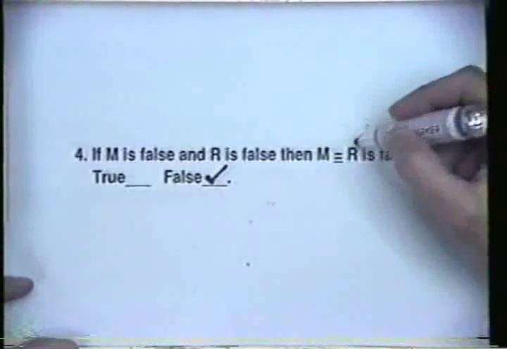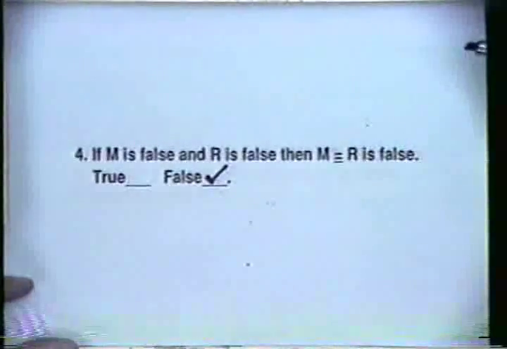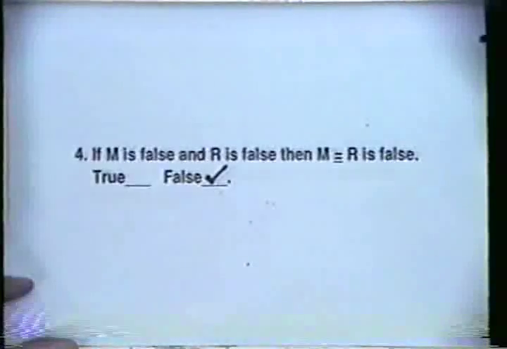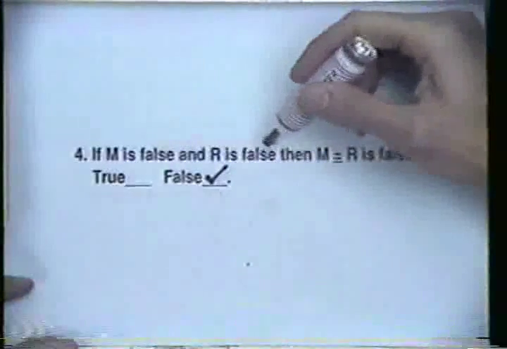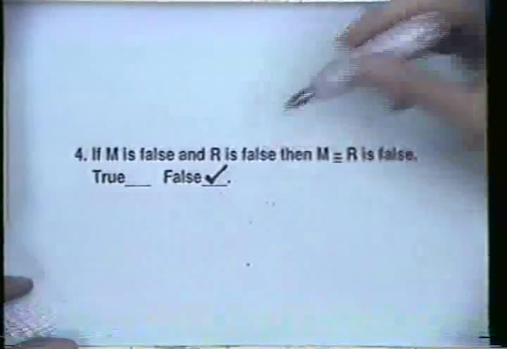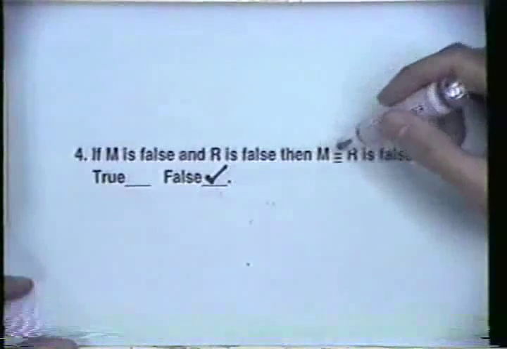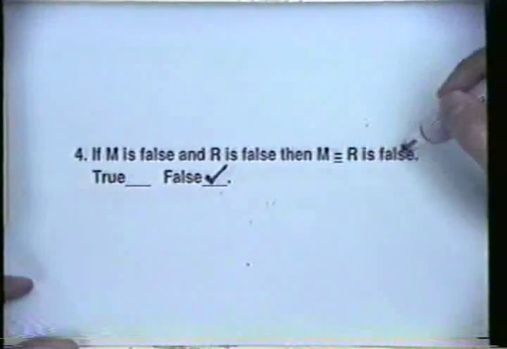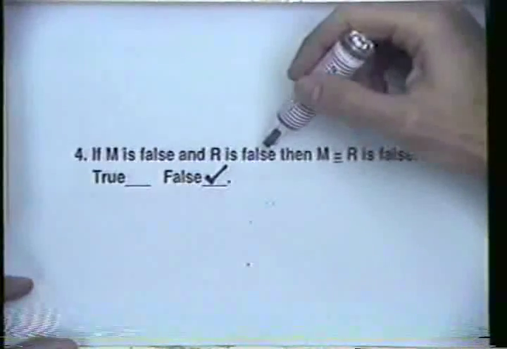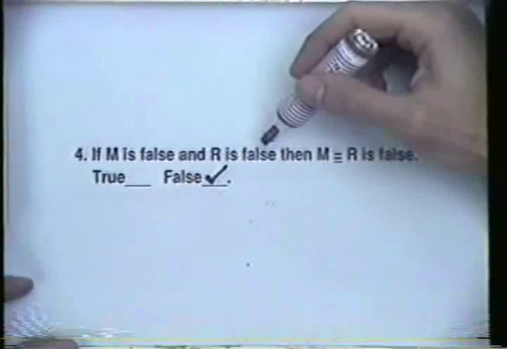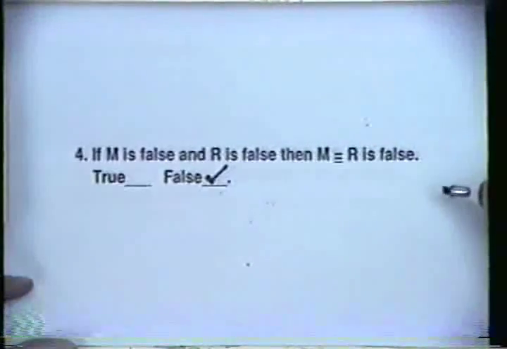What that means is to say that M and R, those two propositions, have equivalent truth values, or the same truth value under all interpretations. Therefore, if M is false and R also is false, that will make the biconditional M, if and only if R, true, because we've said they have the same truth value, namely falsehood. So that consideration makes number 4 false.